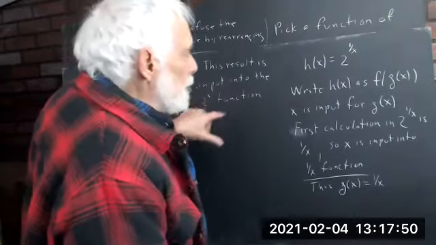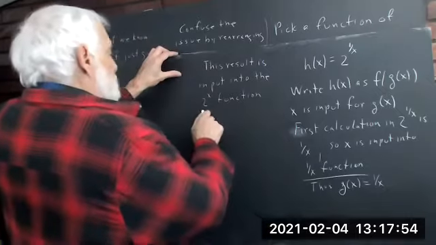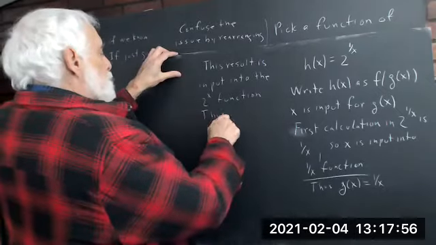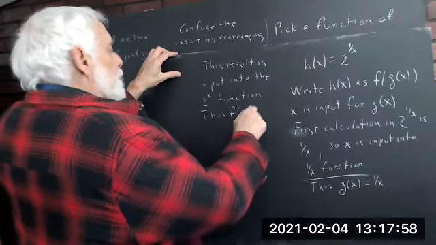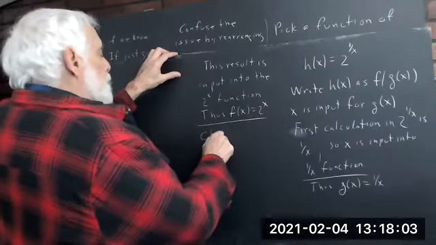So you're going to input that into the 2 to the x function. Thus, f of x equals 2 to the x. Check.